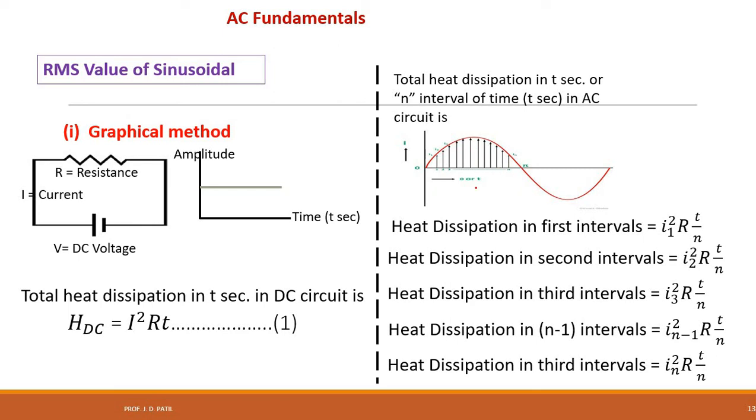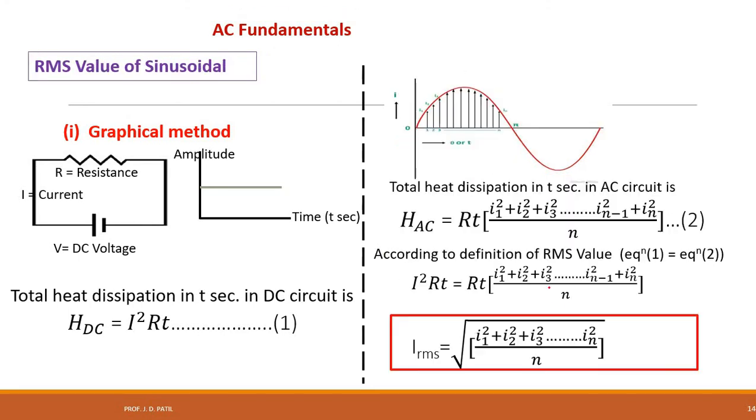The heat dissipation in the first interval is I1 square R T by N, in the second it is I2 square R T by N, and likewise in the n minus 1 interval it is I of n minus 1 square R T by N. Then in the n-th interval it is In square R T by N.